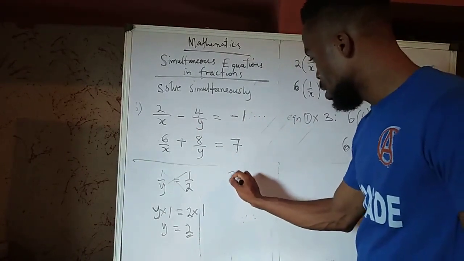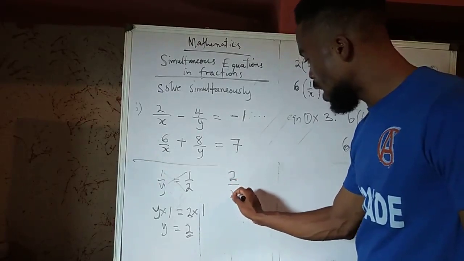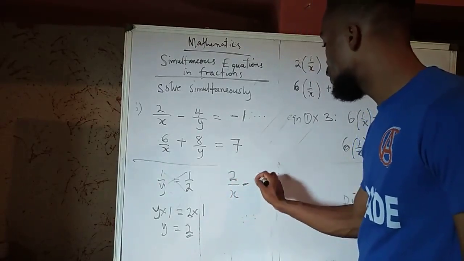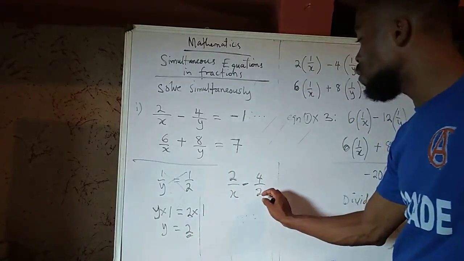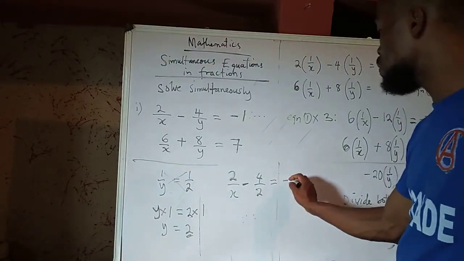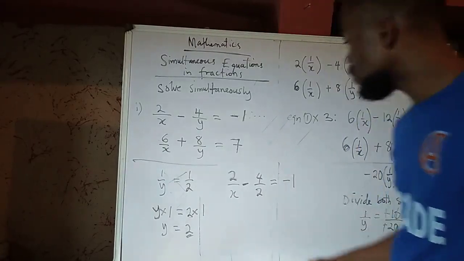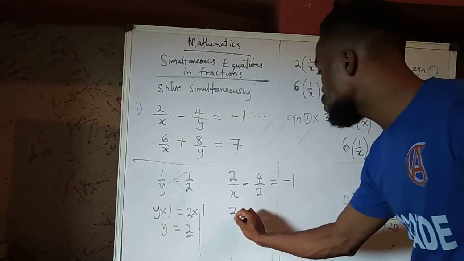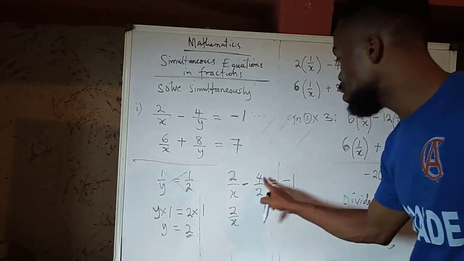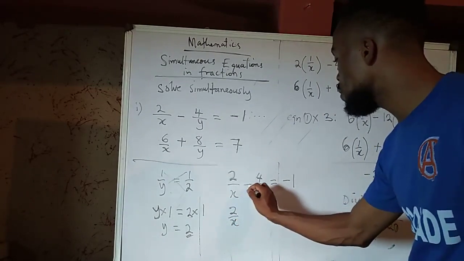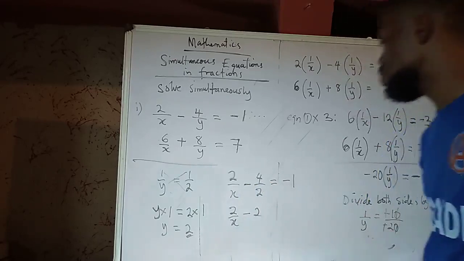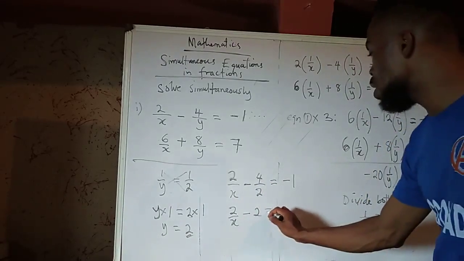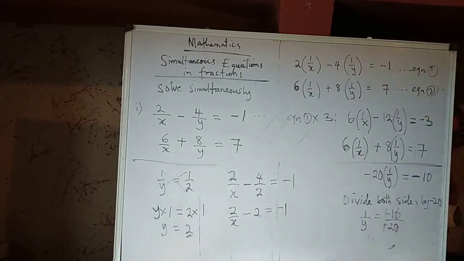We have 2 over x minus 4 over y. Y is 2, so I'm going to write over 2 equals minus 1. So I have 2 over x minus 4 over 2. Minus 4 over 2 is minus 2, equals minus 1. You see that?